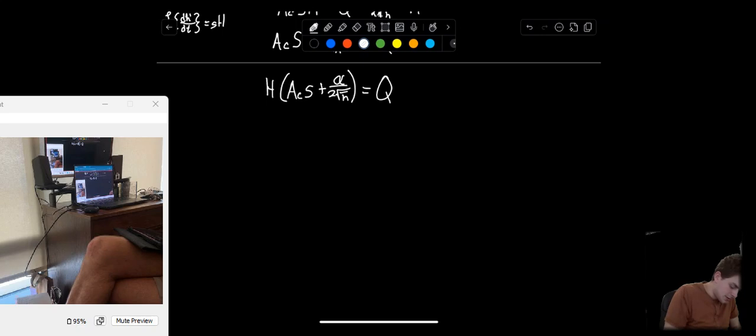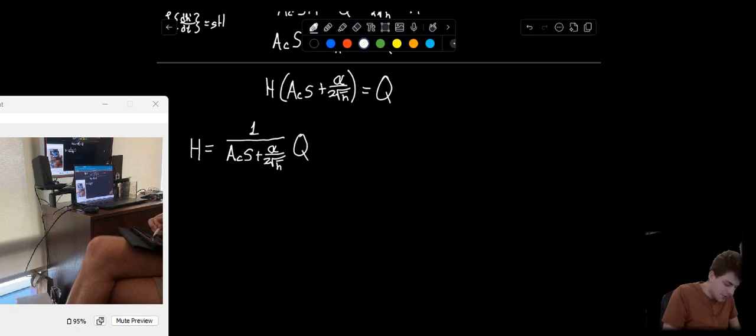So we're going to say H then is 1 over A_c s plus alpha over 2 square root h bar times Q. And now we've got our transfer function right here.